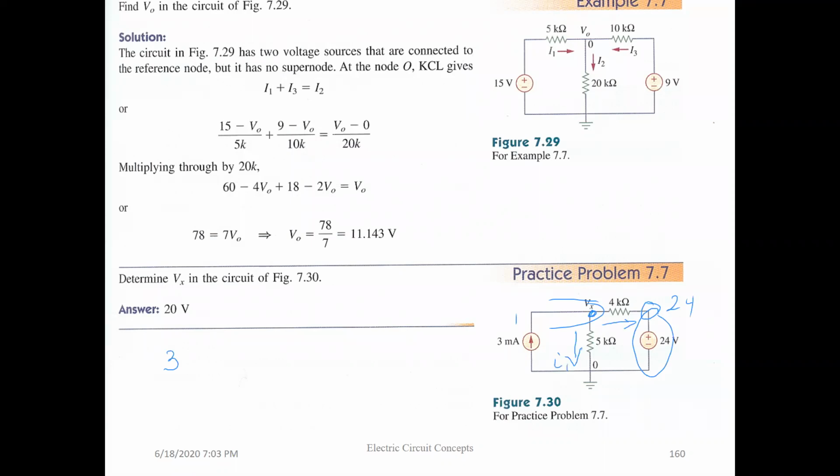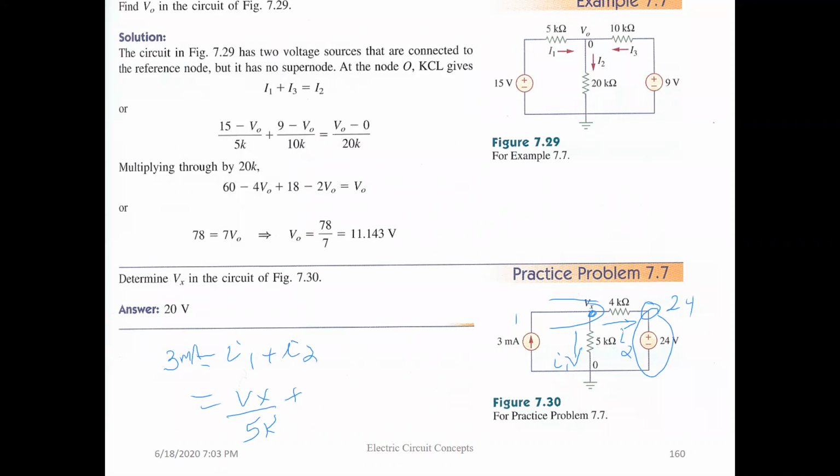If we assume a current going down, and this one going from left to right, this is I1 and this is I2, so 3 is equal to I1 plus I2. I1 is going from Vx to the ground, which is 0, so (Vx minus 0) over 5. Remember, this is in kilo ohms, so if you keep the current in milliamps, that's fine, since the kilo ohms cancel with the milliamps.